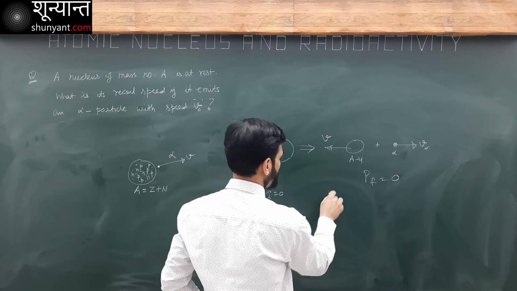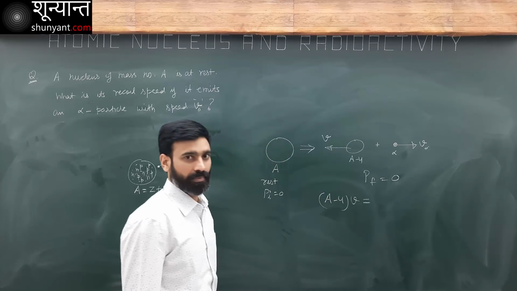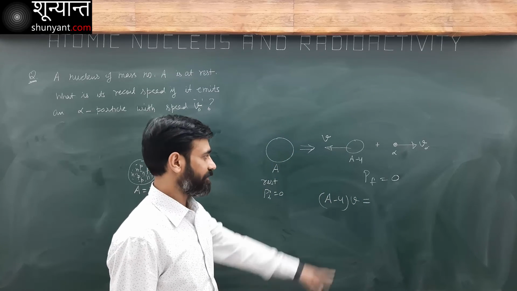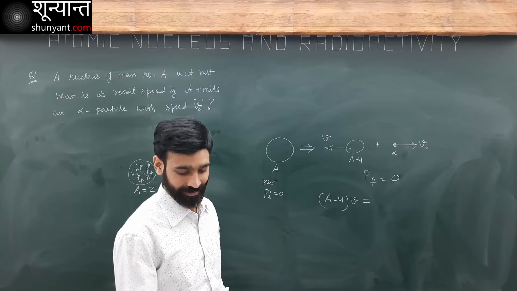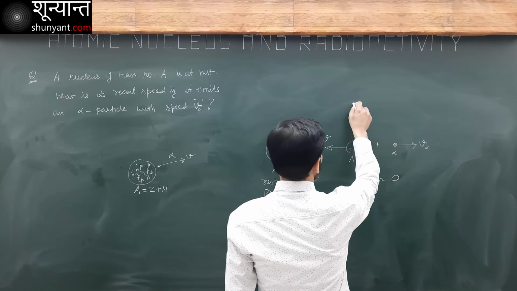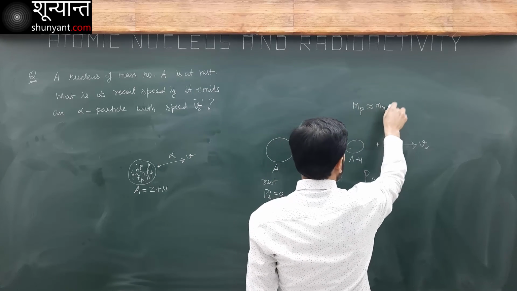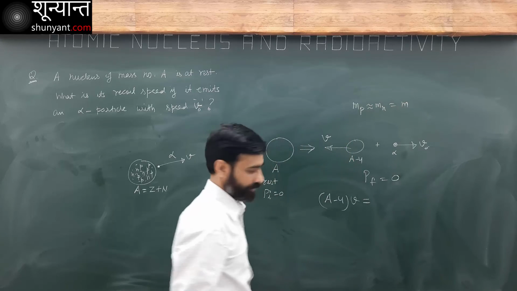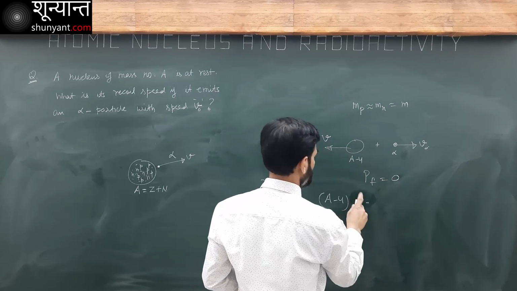So I will simply write like this: A minus 4 times v. Why am I writing it? I need to write momentum, so I need mass. I am assuming the mass of a proton and a neutron is equal to m. So the mass here will be A minus 4 times m.